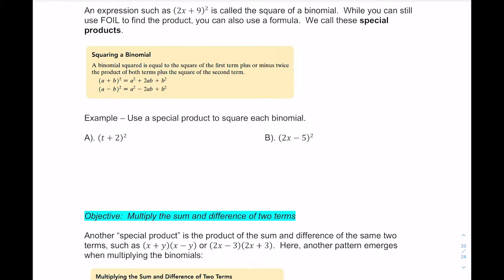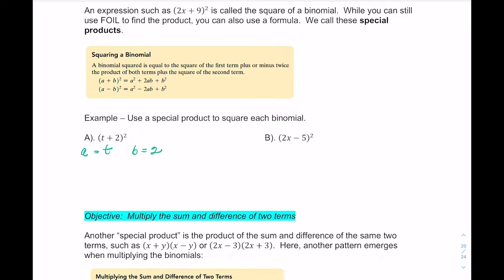So for example here, if I was to take t plus 2 squared, okay, I have a binomial squared, it's a special product. So remember that what it really means is t plus 2 times t plus 2. So you could FOIL it if you wanted. Or what you could do is you could write down your A and your B. So if you refer back to here, my A is my first term here, which is t, and my B would be 2.